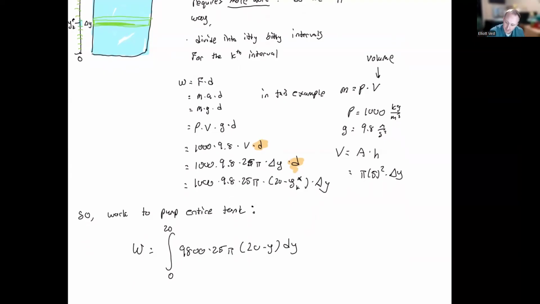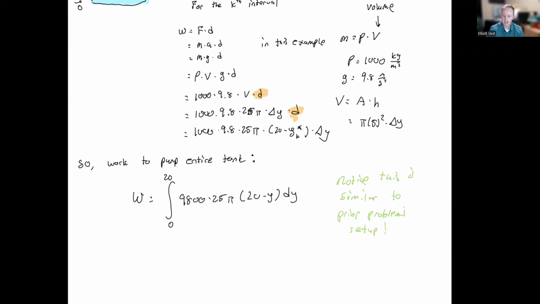And again, notice this is similar to the prior problem setup. I won't solve the integral, because you can probably do that on your own just by looking at the last problem.